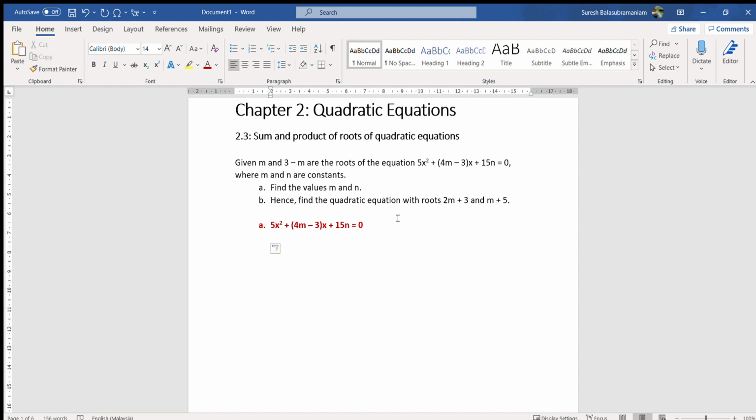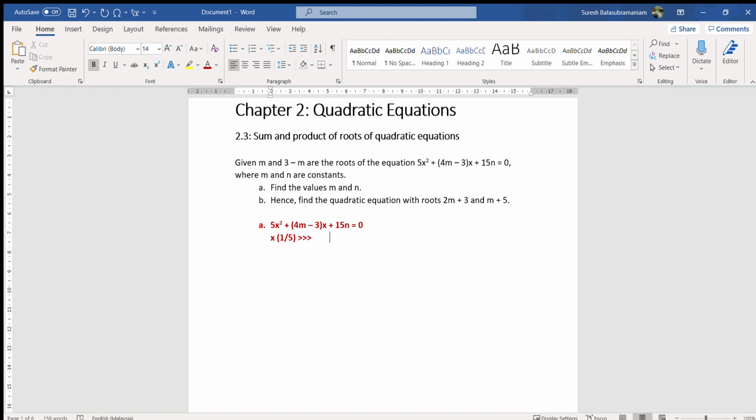I want to know the sum of the roots and the product of the roots. So I'll divide this by 5, which is times 1 over 5.